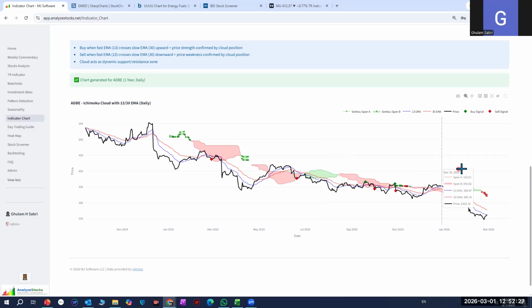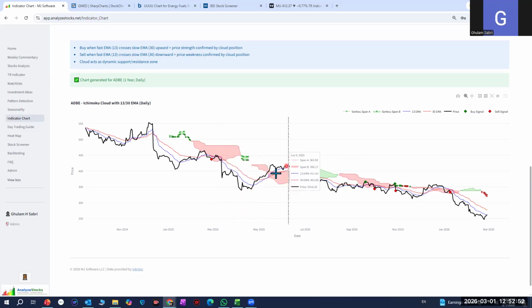That should be our entry. There's none during the last 3 years. On the other hand, it could be a very good candidate for shorting. When you have a pink cloud and a red diamond, it's probably the time to get short. Obviously, we're not into the shorting business, but if people want to short, this is an ideal stock to short, and it gives you a signal right here to short.